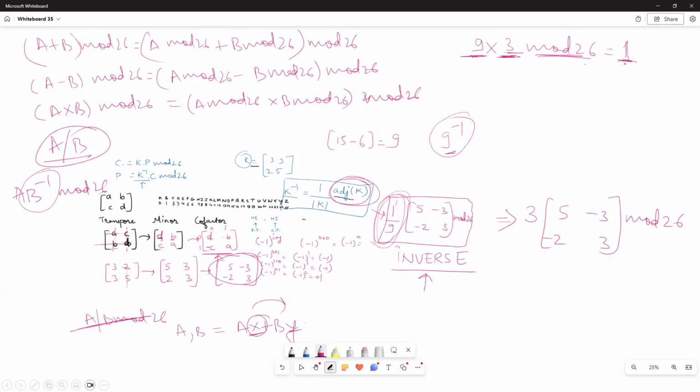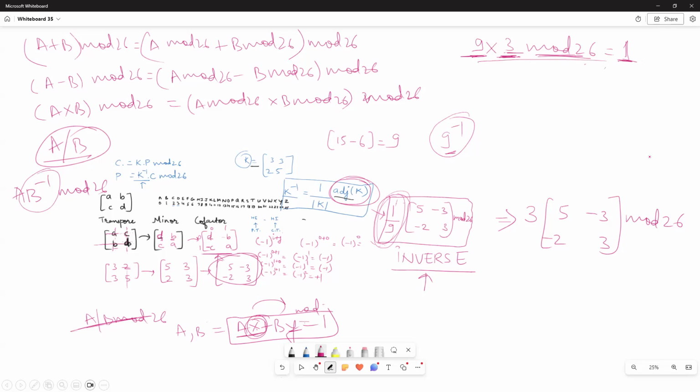If that value was equal to 1, this value was considered as the multiplicative inverse of A under whatever mod operation we are doing. Does it make sense, or is it too much? Is it making sense what exactly I'm covering? Yes, ma'am. That was perfect.